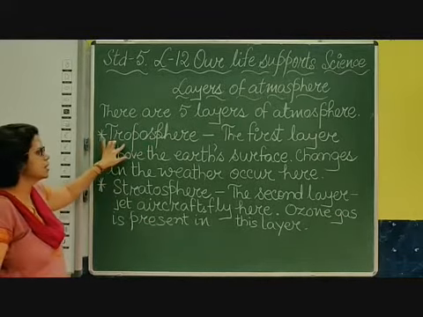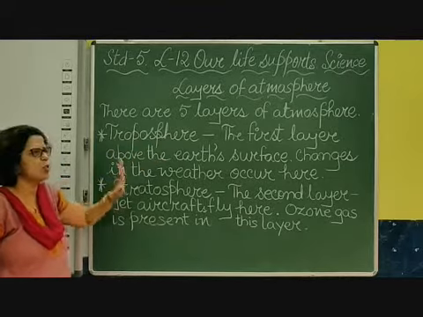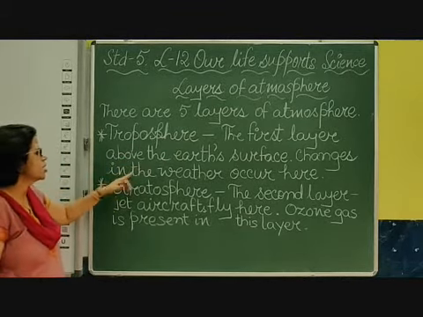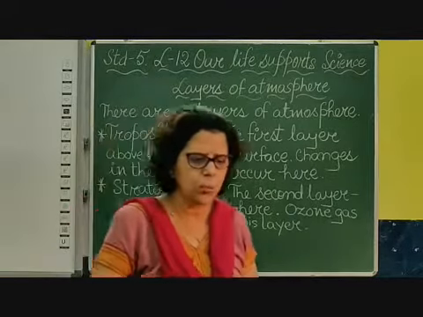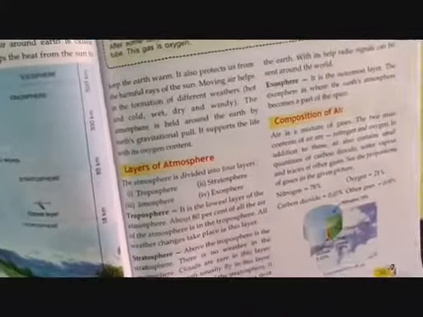Now troposphere, T-R-O-P-O-S-P-H-E-R-E, troposphere. It is the first layer above the Earth's surface. Changes in the weather occur here. I'll show you the picture. Here again one more picture you can see.